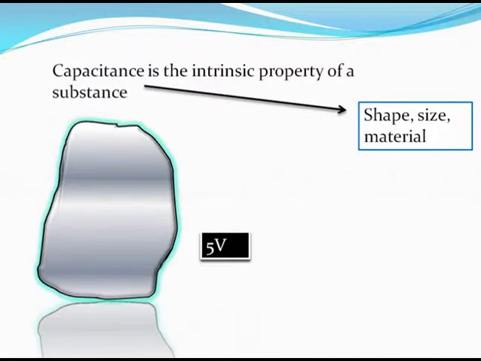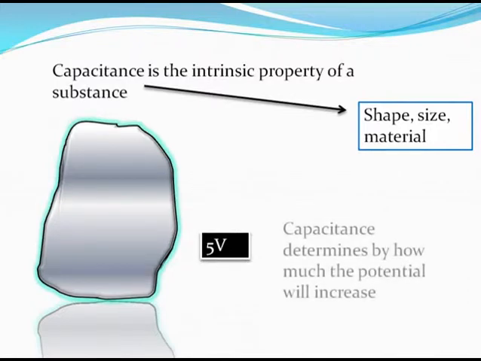Interesting, isn't it? Capacitance determines by how much the potential of any body will increase when a charge Q is added to it. Understood? So that is the essence of capacitance that you must understand. So this also means that if the capacitance of a body is high, then a lot of charge must be added to that body to increase the potential difference of that body by a small amount.